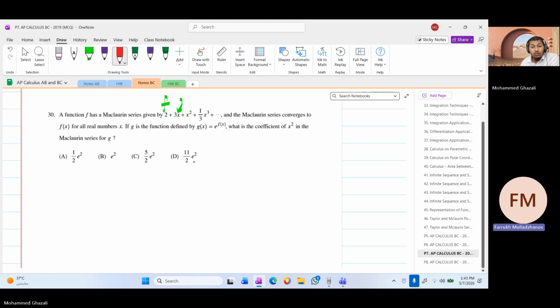Okay, we want the Maclaurin series for g, and we want the coefficient of x squared. Let's think about the Maclaurin series for g of x.